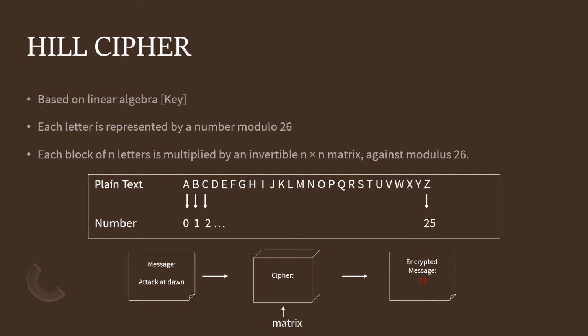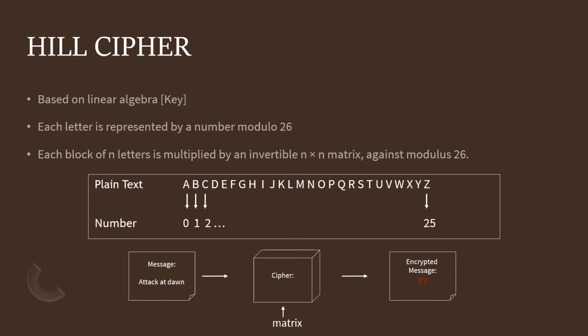The Hill cipher is a polygraphic substitution cipher based on linear algebra. Each letter is represented by a number modulo 26. Often, a simple scheme is shown where we assign each letter a number, but this is not an essential feature of the cipher. To encrypt a message, each block of n letters is multiplied by an invertible matrix modulo 26.